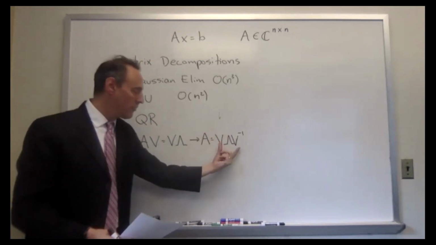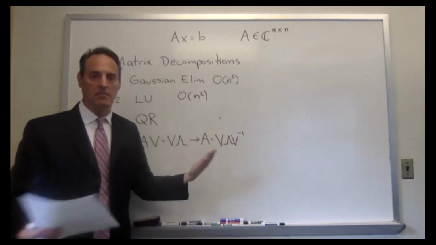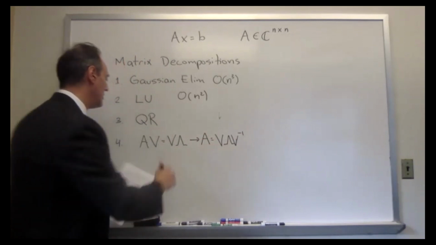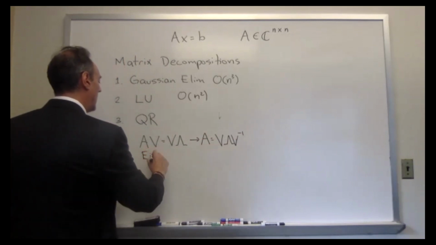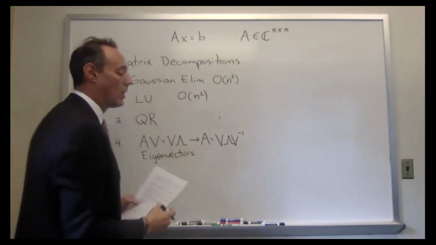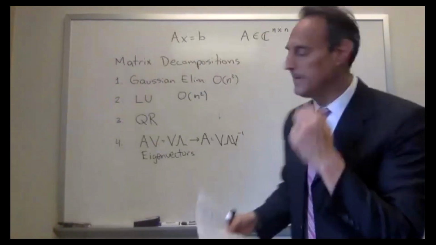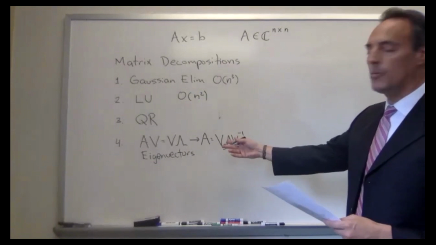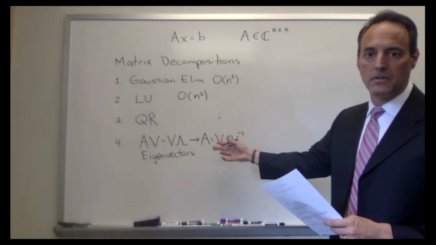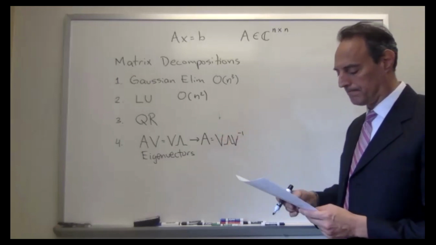Now notice that 2 of them are the same, right? V is there, but you're seeing V and its inverse both here. So this is your eigenvalue, eigenvector decomposition, or eigendecomposition, okay?